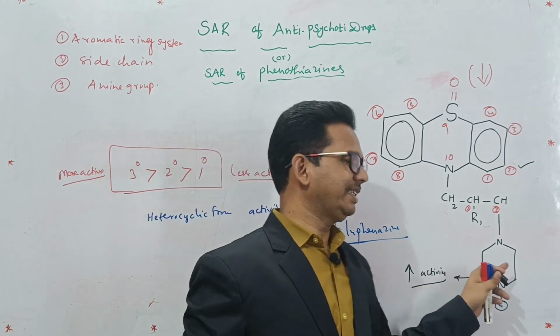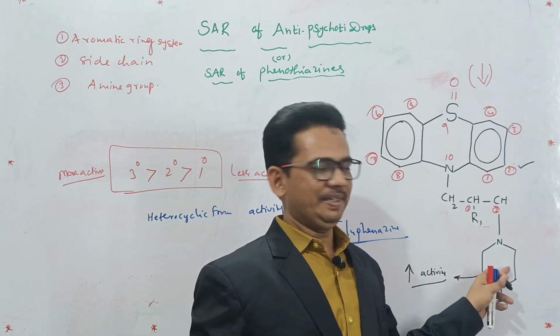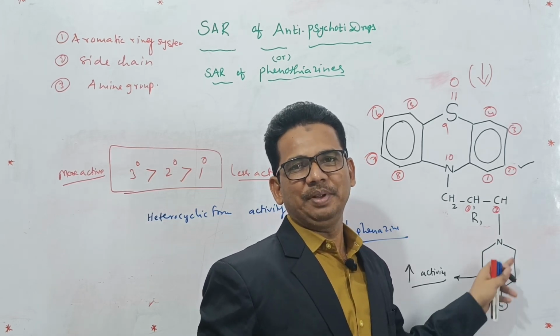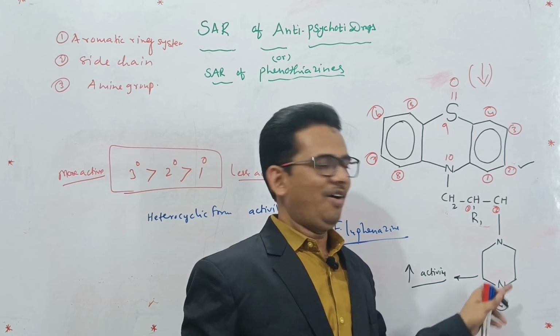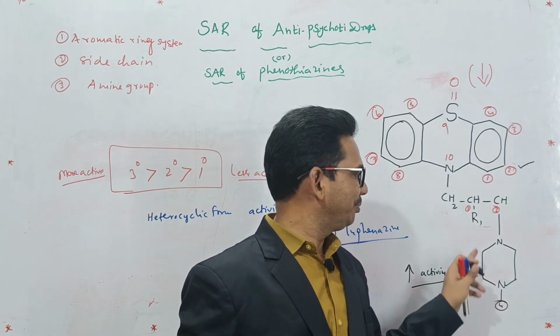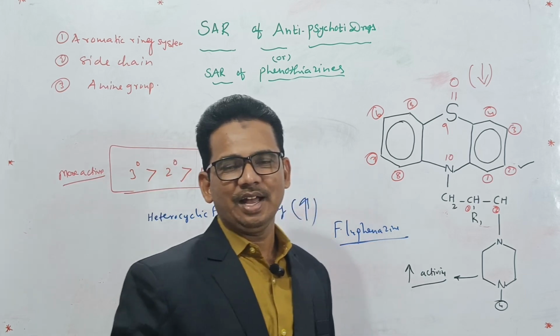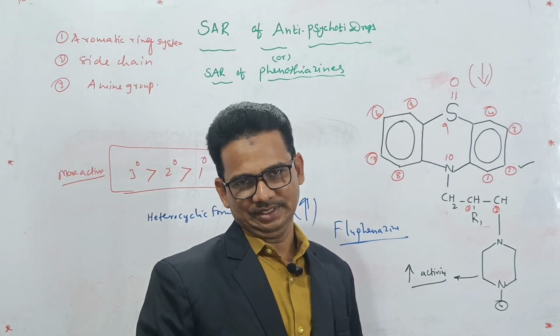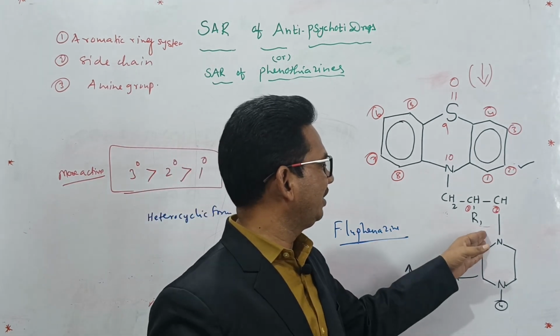That's why in the phenothiazine class we have a number of drugs like side chain with piperazine, side chain with pyridinol, side chain with piperidinol, all these things. Why we are making this nitrogen into the cyclized form is because it produces more activity.